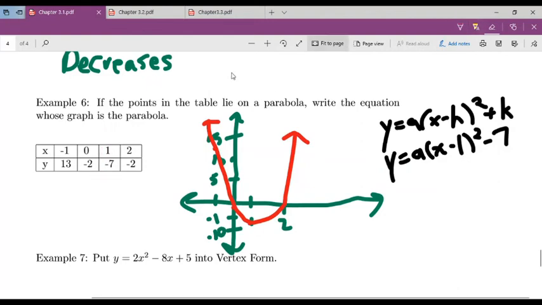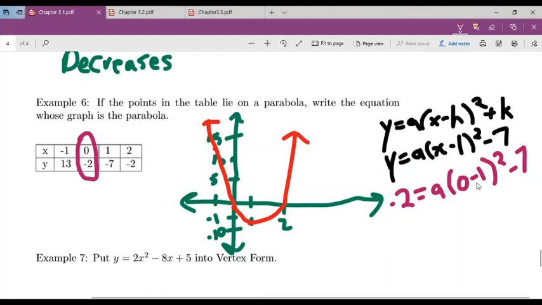So what I actually need to use, let's use this one. Okay, let's use 0, -2. Don't want to cancel out that a, we want to find that a. So y is -2 will be a times 0 minus 1 squared minus 7.